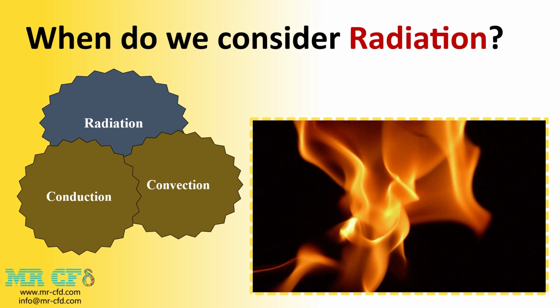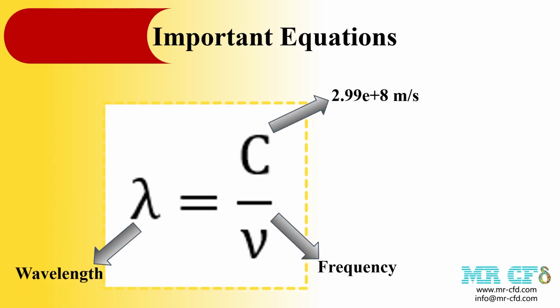But when the surface temperature is very high, it can no longer be ignored and the heat transfer method will be dominant, such as radiant heat transfer from flame, or cases where explosion and combustion occur, and etc. Now, let's go to some important relationships in the field of radiation.